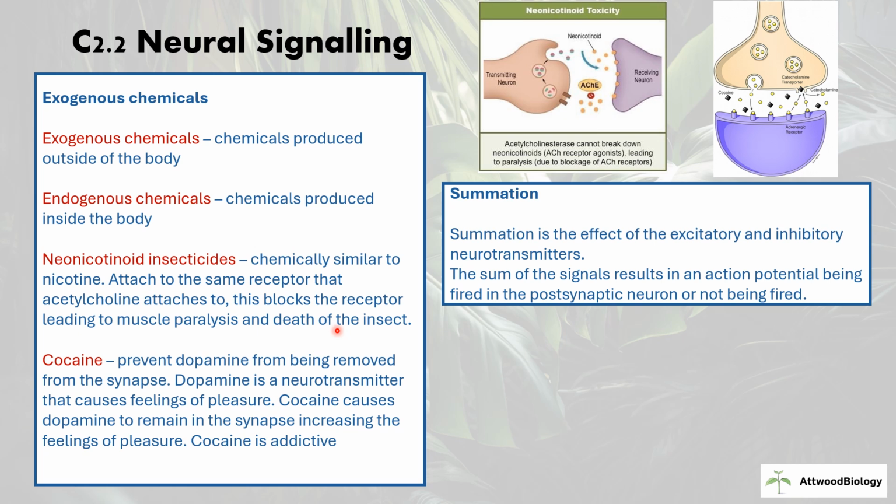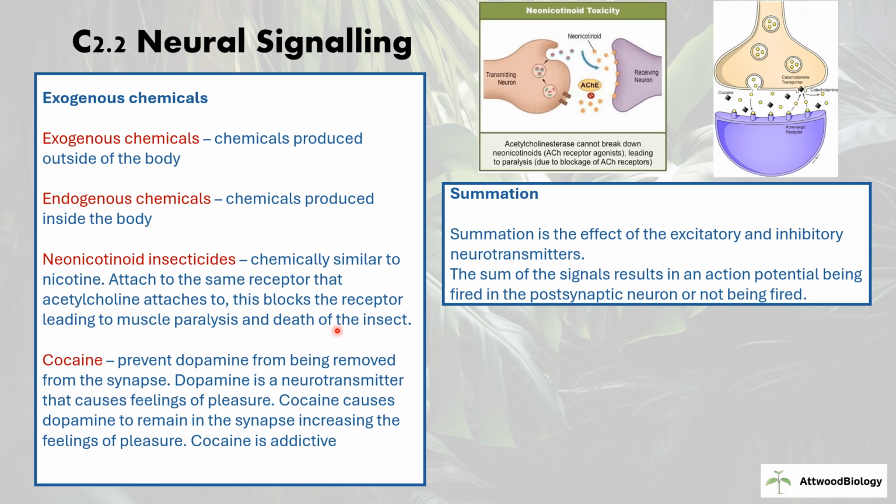Summation is the effect of the excitatory and inhibitory neurotransmitters together. It's the sum of the signals, and whether the sum of those signals results in an action potential being fired. Sometimes there'll be more excitatory neurotransmitter and your impulse will be fired. Sometimes there'll be more inhibitory neurotransmitter and therefore the impulse won't be fired.